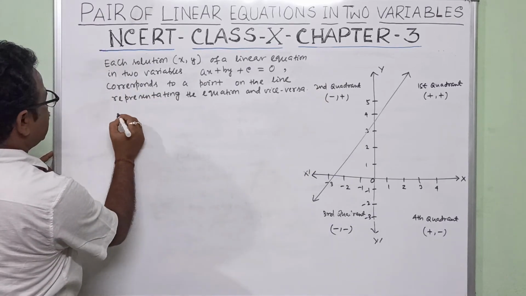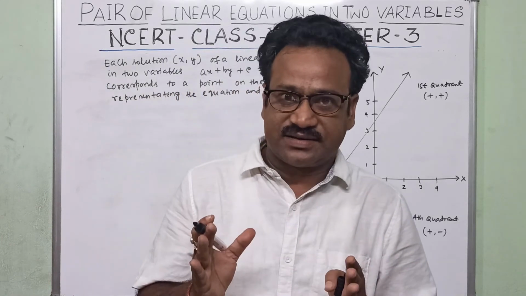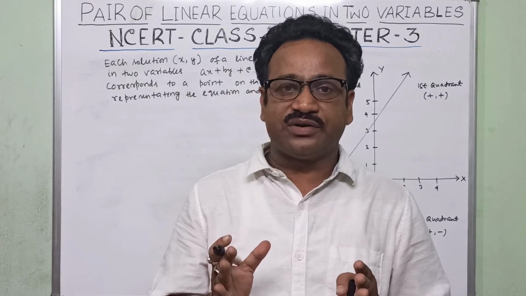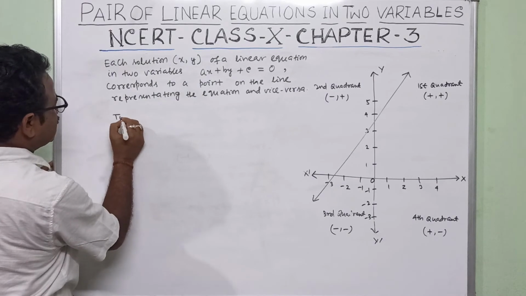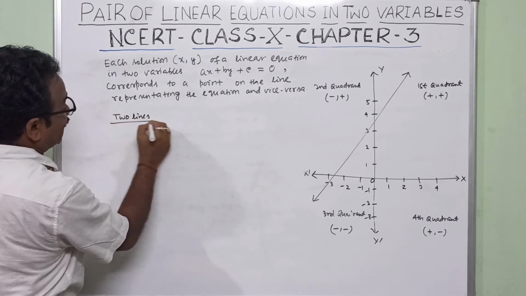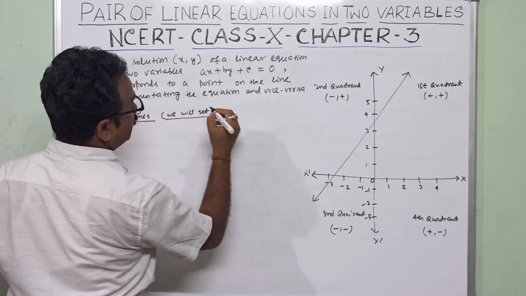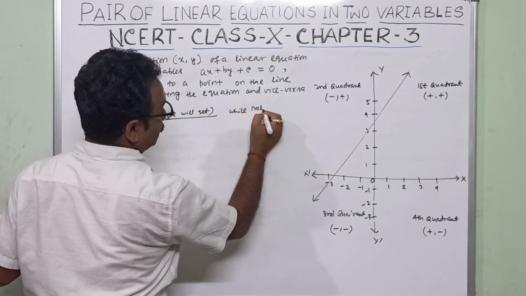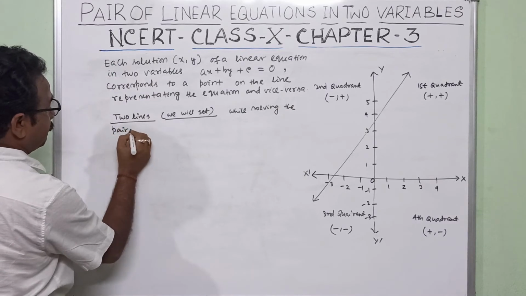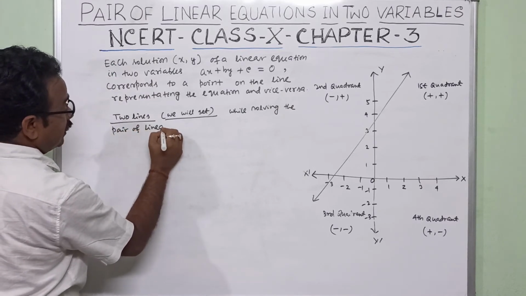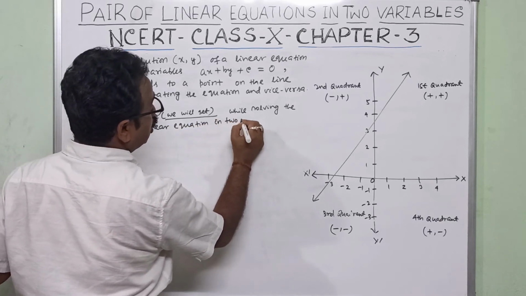So in class 9 we know what type of situations we may get whenever we are solving a pair of linear equations in two variables. Two lines we will get while solving the pair of linear equations in two variables.